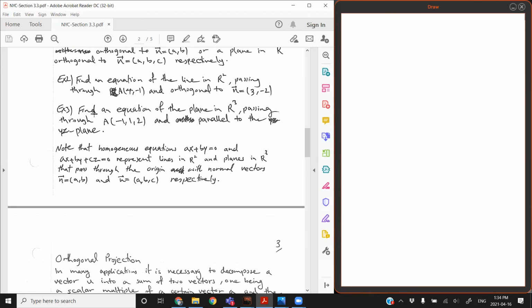Example 3. Find an equation of the plane that passes through the point A (-1, 1, 2), and is parallel to the YZ plane. Parallel to the YZ plane. So if you think of this as, okay, so X, Y, Z, the YZ plane would be the floor here.